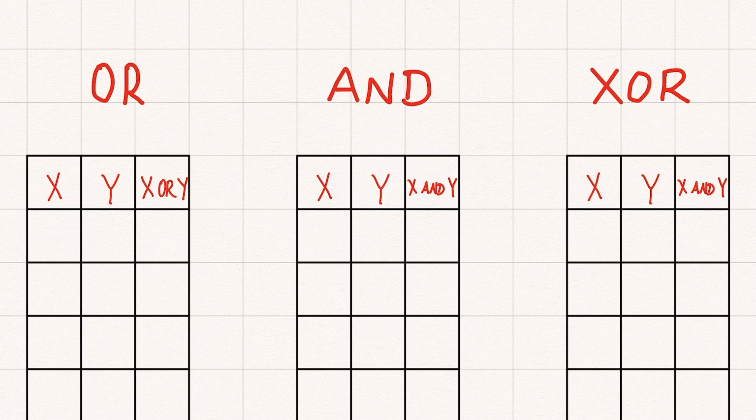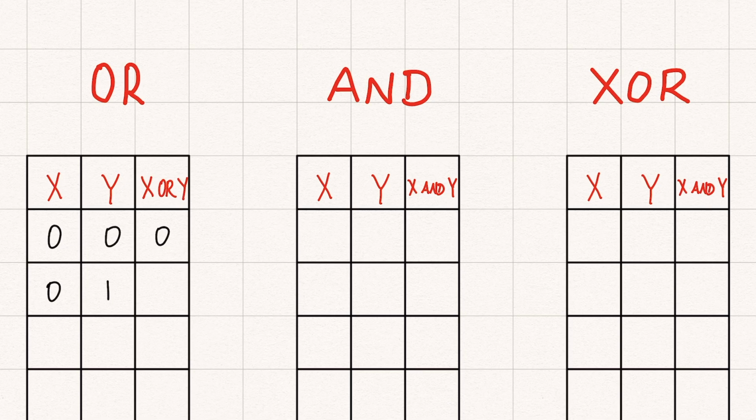Suppose we have two values x and y, and we wish to OR them. Then x and y can have numerous permutations. We can have either x and y as 0, in which case ORing them will obviously give out 0, since neither of them are high or 1. Another case we can have is if x is 0 and y is 1.